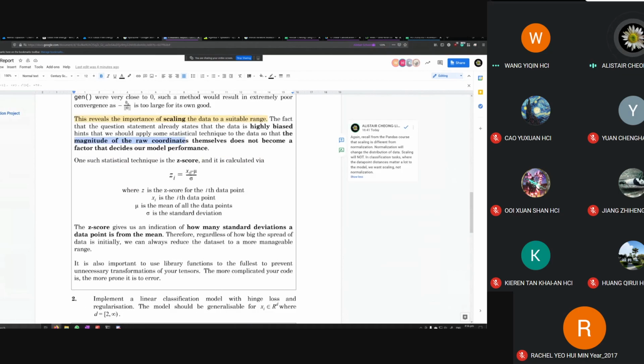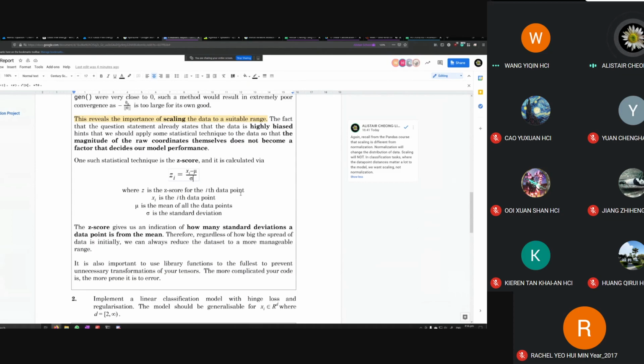The technique that Yiqin used is a z-score. For each of the features, we have two features, X1 and X2, you change every single observation into its corresponding z-score. You just take the value, subtract the mean, and divide by the standard deviation.